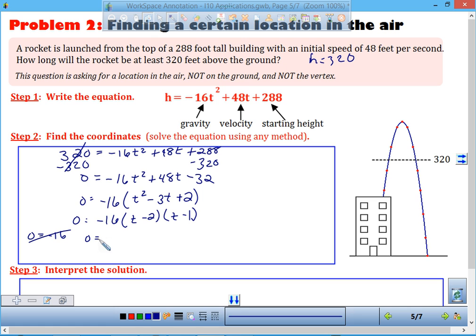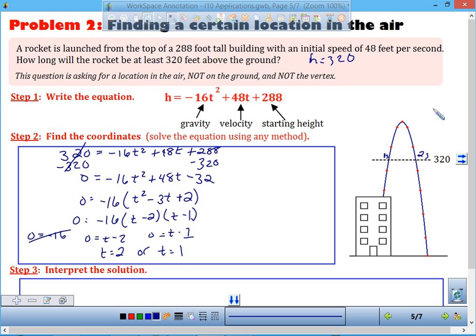I have 0 equals t minus 2, and 0 equals t minus 1. So I have t equals 2 or t equals 1. Okay, and are those both possible solutions? Yes, they are. So here's maybe at 1 second, and here's at 2 seconds. It's 320 feet above the ground.